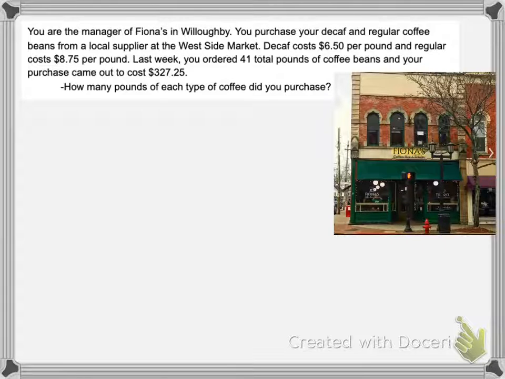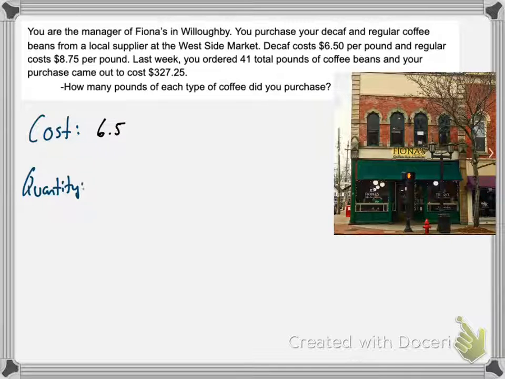Regardless of whether this is using substitution or elimination, you're going to set up your equations the same way. We want to make two equations, one relating to cost and the other relating to quantity. What I mean by that is we want an equation dealing with how much everything cost and what our total cost was, and the other equation dealing with just the total amount of pounds, or whatever other unit you're finding. For the first equation, for cost, I know that decaf is $6.50 per pound.